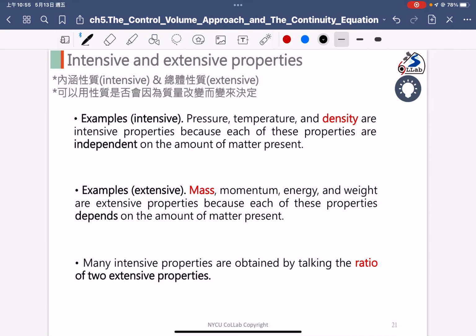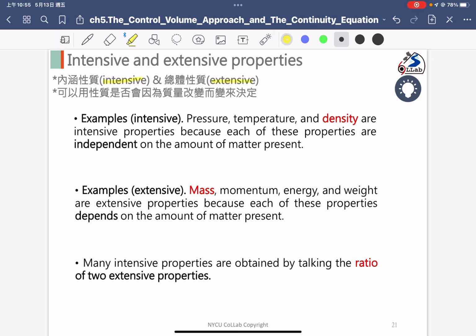After we introduce the two approaches, I always mention the physical property, and I always emphasize the physical property. So how can we distinguish the different physical properties based on some ideas? In this chapter, we have two classes, the intensive and the extensive.